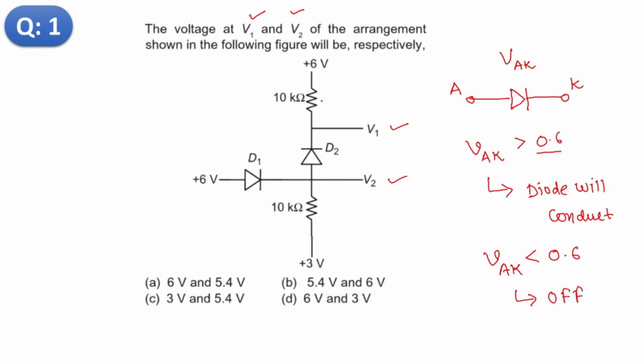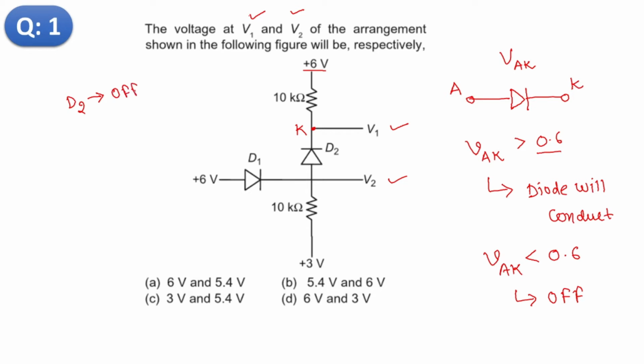So from this figure we can calculate V1 and V2. For D2, this is the cathode terminal. Because the cathode terminal is connected with the positive supply, D2 will be off, or D2 will not conduct.